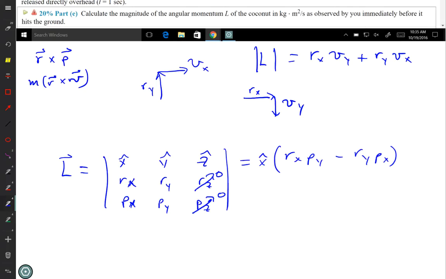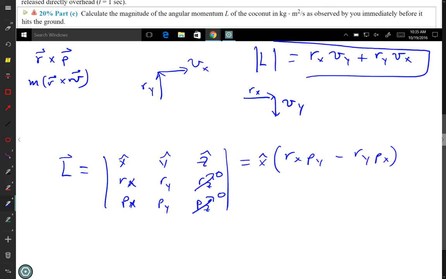And so it comes out to be magnitude-wise if you're using the magnitudes of the velocities. So don't use this equation and put minus for Vy. I did that using the magnitude of Vy.